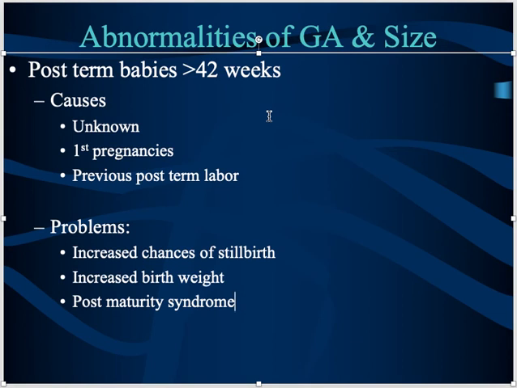So for any female going into post maturity, or for example a female at 37 weeks where the labor has not started, if the blood flow through the arteries is good, it means there's nothing to worry about. But if the blood flow through the umbilical vessels is getting compromised, for sure it can cause some developmental problem.